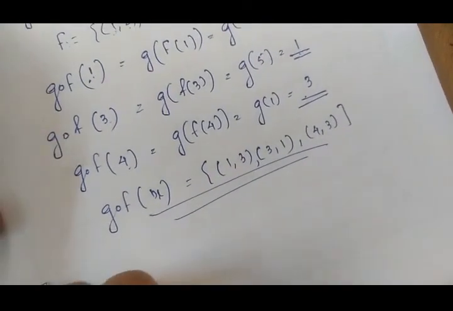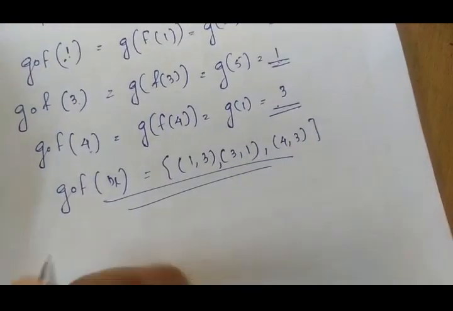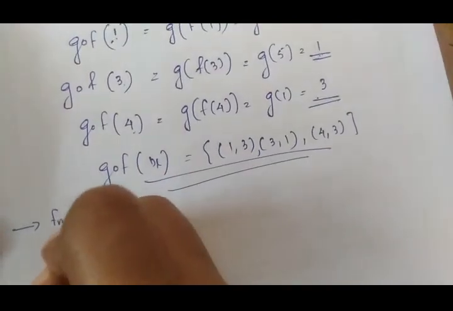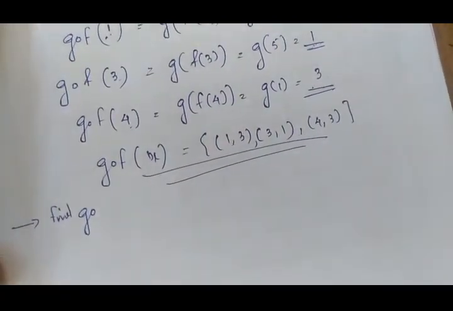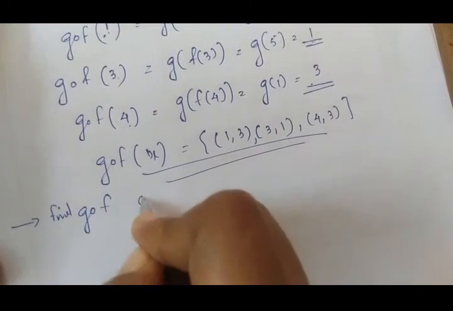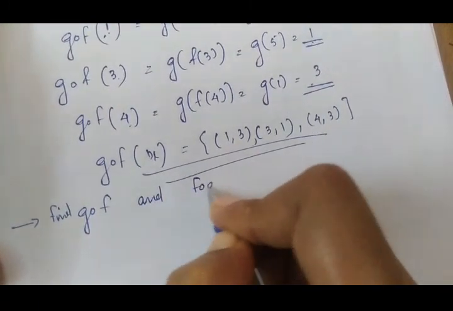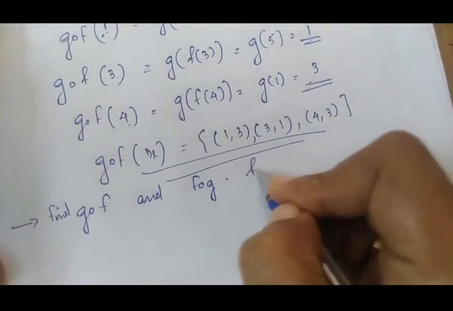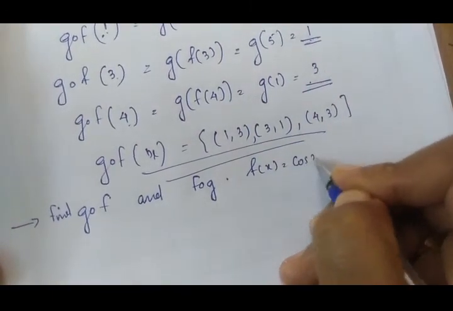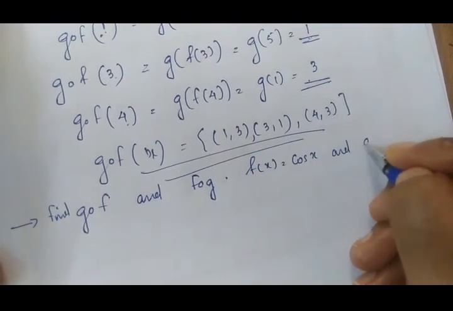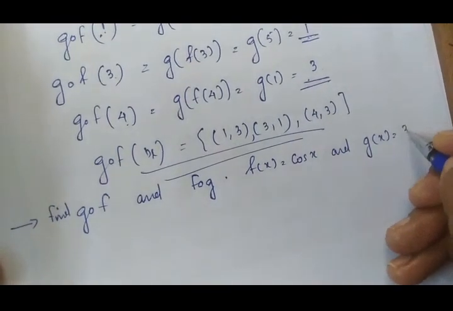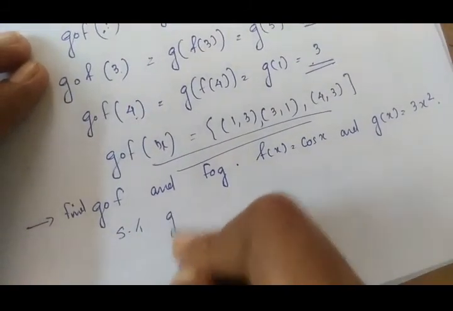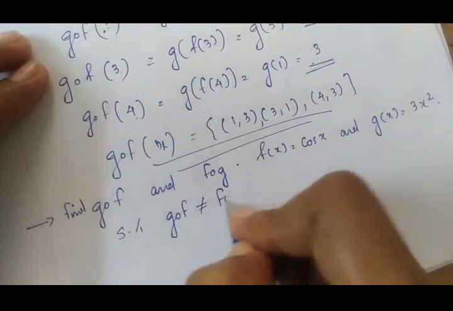The question is, find g∘f and f∘g, where f(x) is equal to cos x and g(x) is equal to 3x², and also show that g∘f is not equal to f∘g.